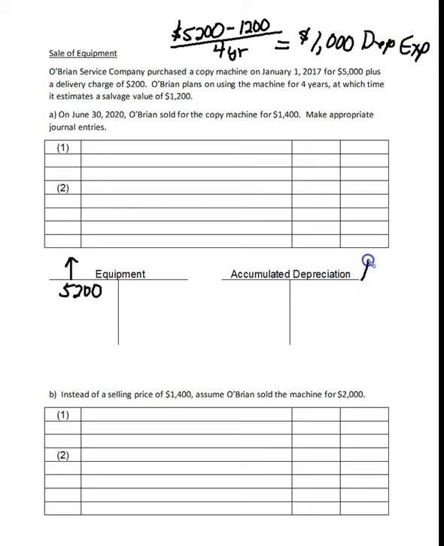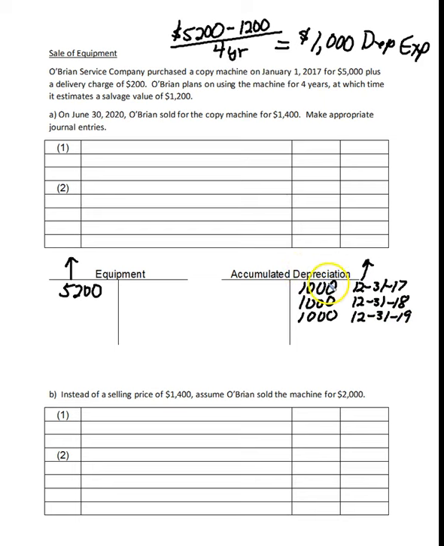So let's go to our accumulated depreciation account. Recall it's a contra asset, so it goes up with credits. So at the end of 2017, we would have $1,000 in there. And then at the end of 2018, we would have put in another $1,000. And then also at the end of 2019, we also would have put in another $1,000, right?